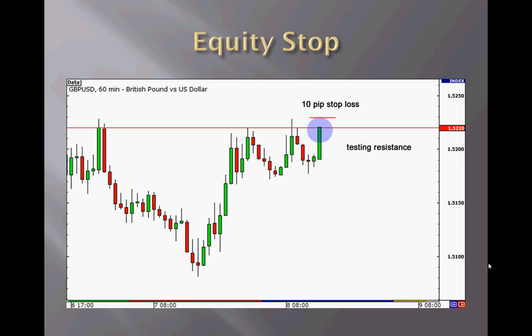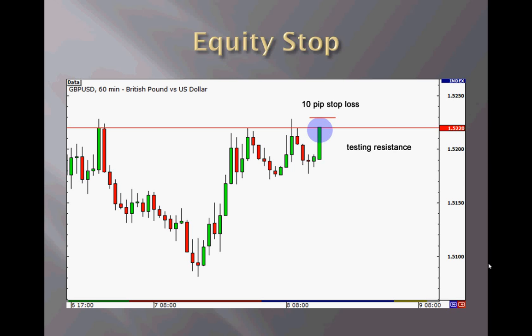You remember Newbie Ned from your position sizing lesson, didn't you? Newbie Ned has a mini account with $500, and the minimum size he can trade is 10,000 units. Newbie Ned decides to trade the pound dollar, and he sees resistance at 1.5620 has been holding. As per his money management rules, Ned will risk no more than 2% of his account per trade.